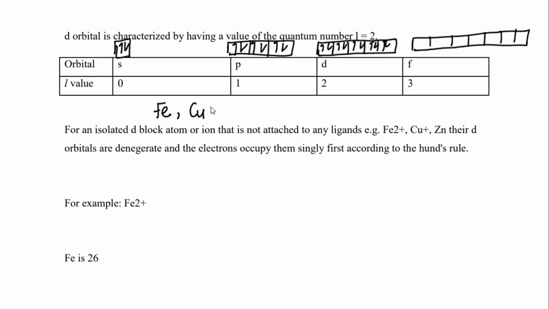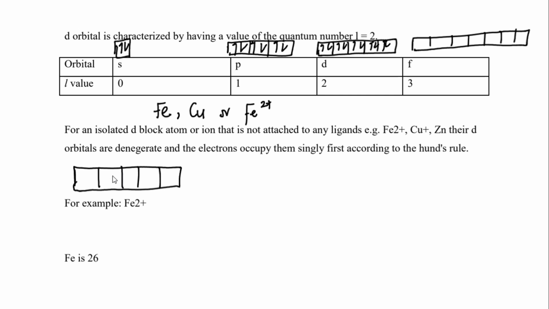or we have Cu atom. For an isolated d block atom that is not attached to a ligand, or it can also be ions like this, their d orbitals are degenerate. So this is a degenerate d orbital, 5 electrons, 5 compartments, right?